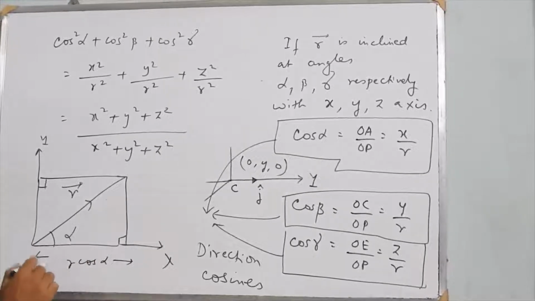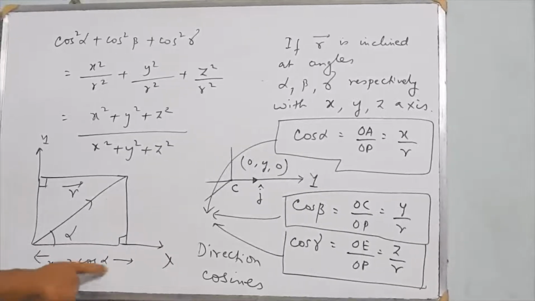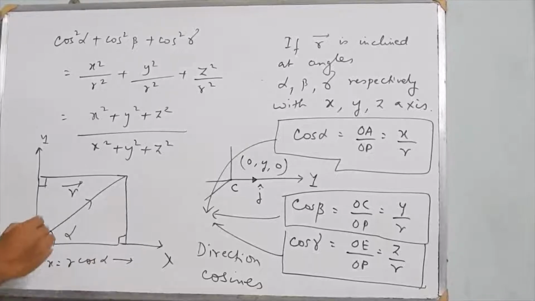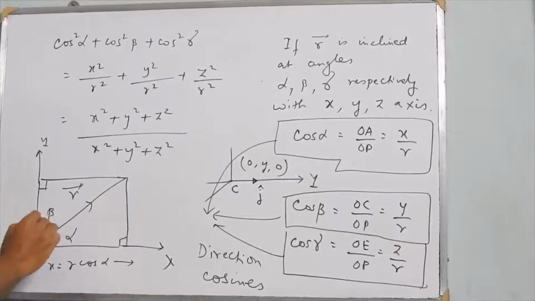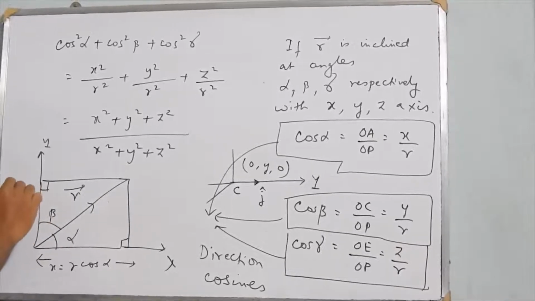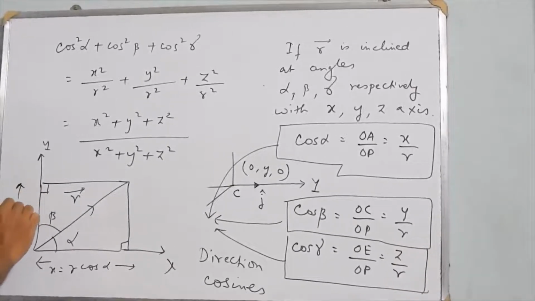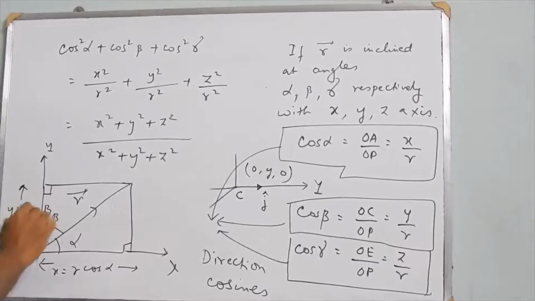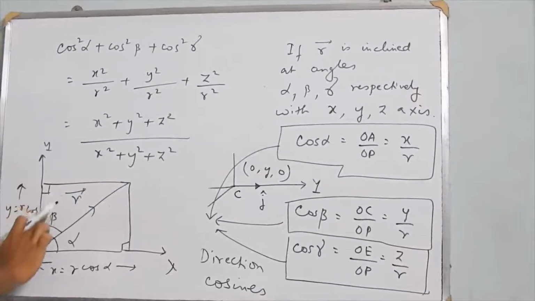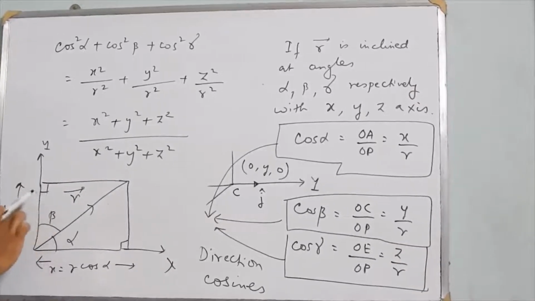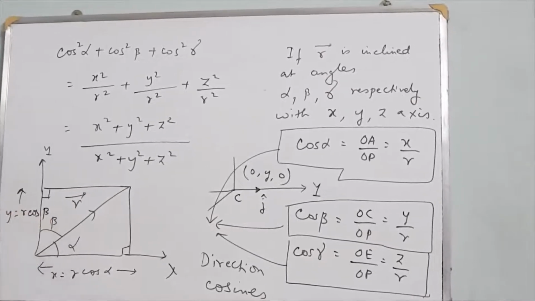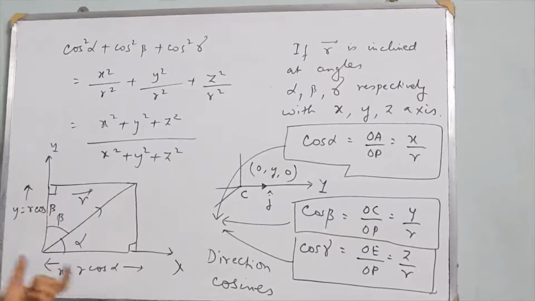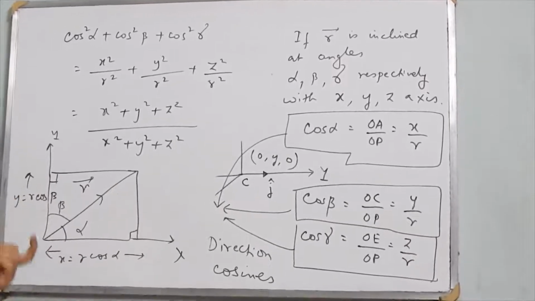So you can say cos alpha is x by r, and if it makes an angle beta with the y-axis, you can say this is your y, which is r cos beta, and if it is r cos beta, then cos beta is y by r.